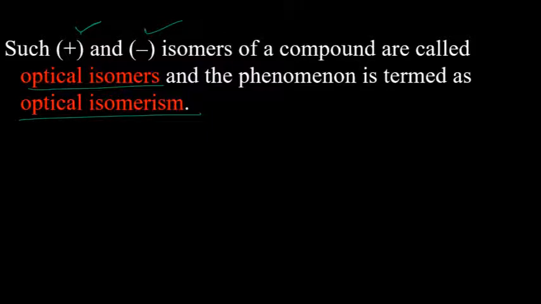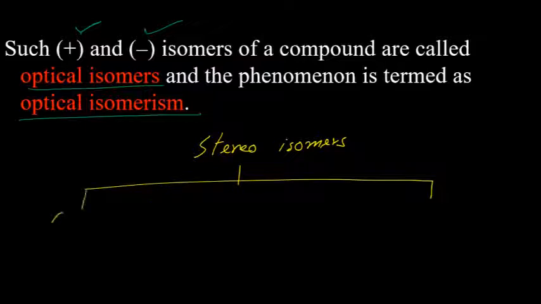So in the beginning, we talked about stereoisomers: geometrical and optical. When we talk about geometrical, you should always think in terms of cis and trans.